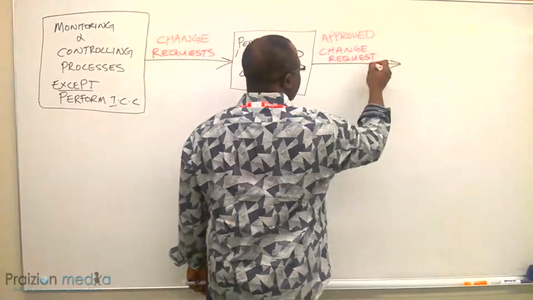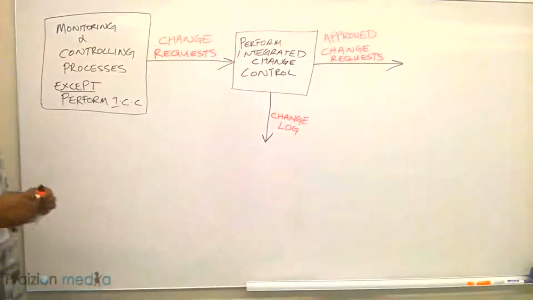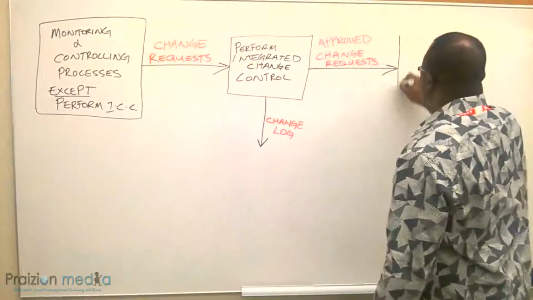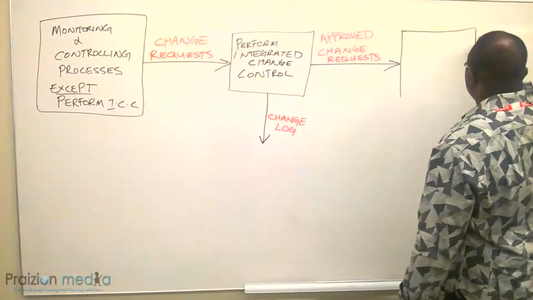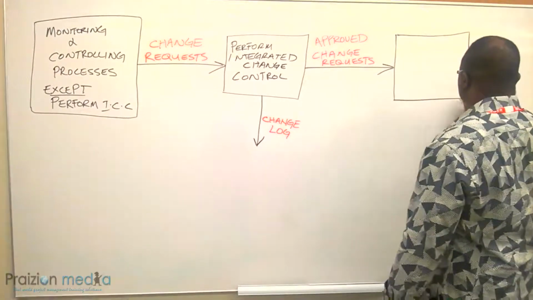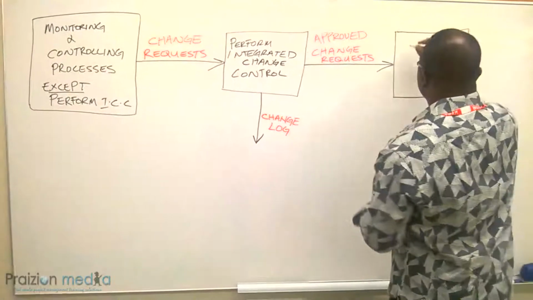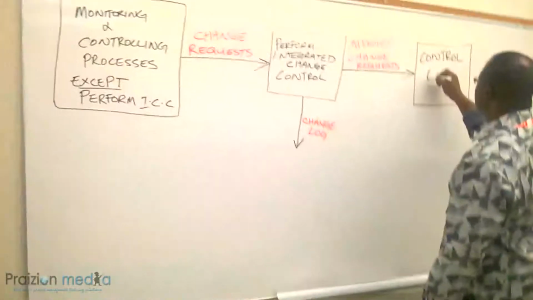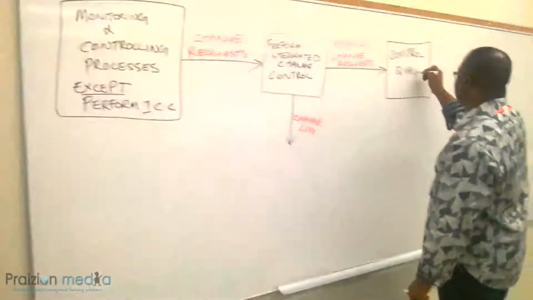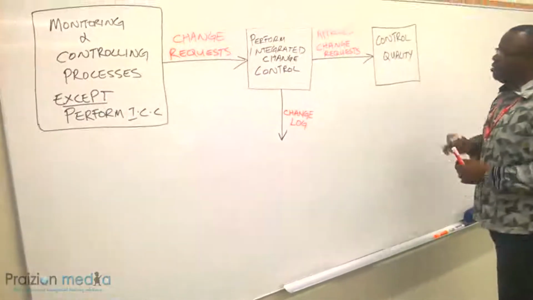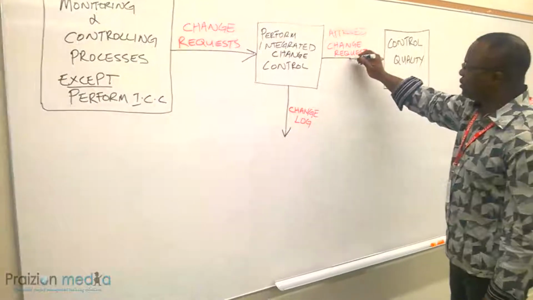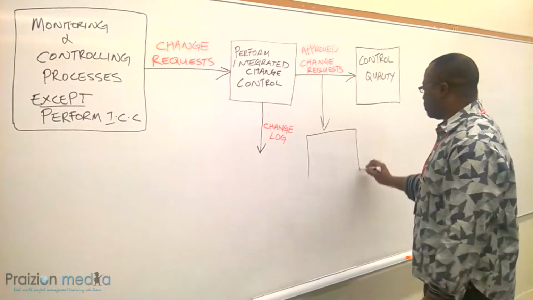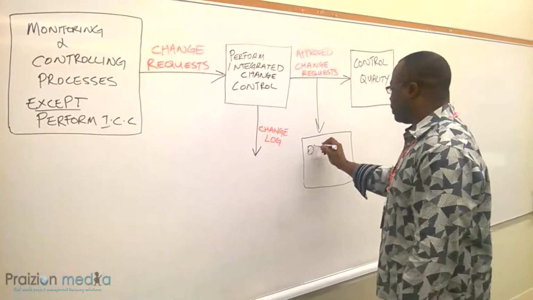And these approved change requests, they go to either of two places. Either they're going to go to a process known as control quality, and at the same time you see these approved change requests go into a process known as direct and managed project work.